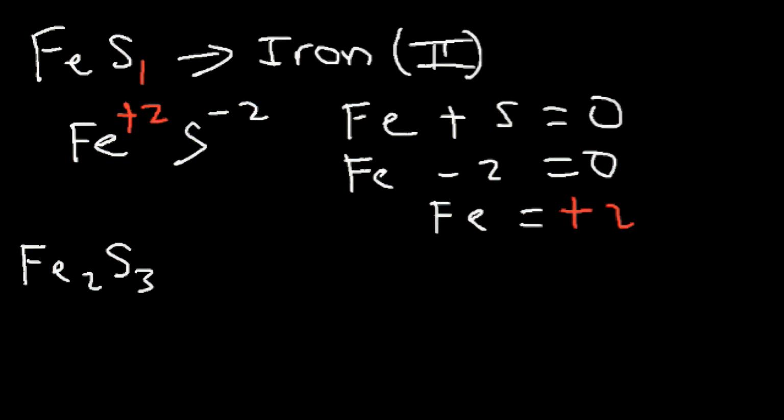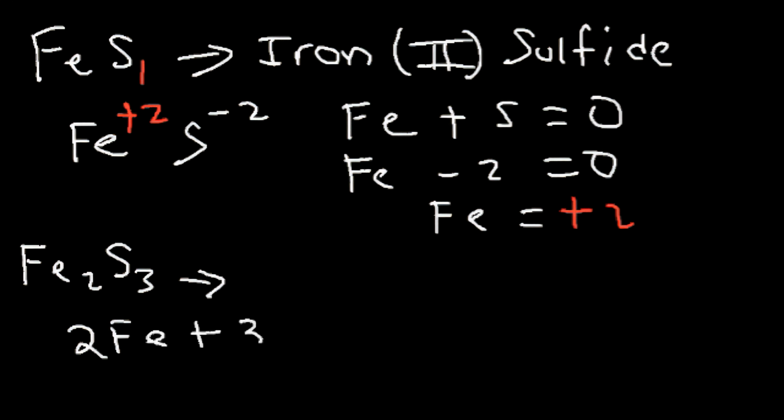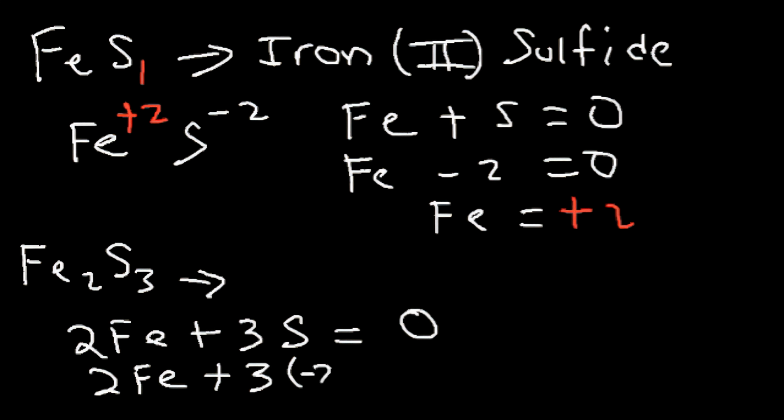So don't always rely on the subscripts. It's a good indication of what it may be, but always double check it. So in this particular case, is it iron 3 sulfide or is it something else? Let's find out. Now let's write an equation. 2Fe plus 3S has to add up to 0. So S has a charge of -2. 3 times -2 is -6.